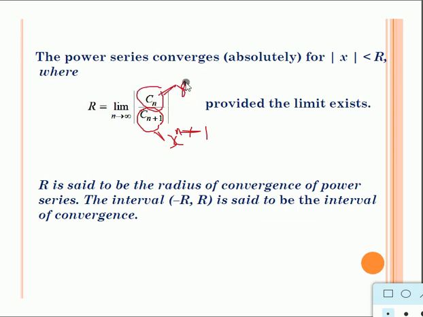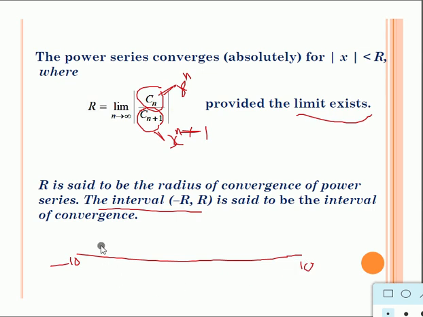If I divide these two, then R will be the limit as n tends to infinity, and modulus x must be less than R, provided the limit exists. Of course the limit will exist. Okay, then what is this R called? R is said to be the radius of convergence of the power series, in the interval minus R to R. That means, for example, R can be 10, so it will be from minus 10 to plus 10.